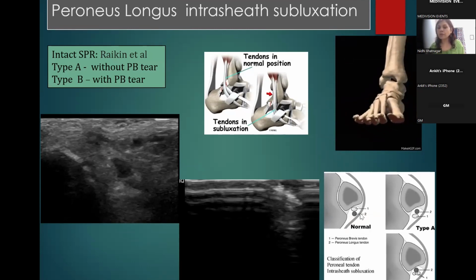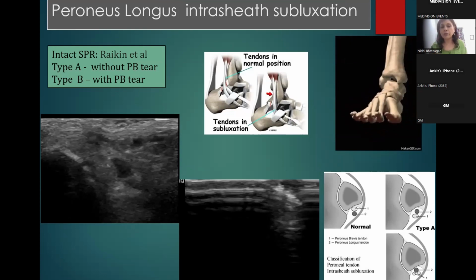The peroneus longus tendon is actually invaginating between the cortex of the fibula and peroneus brevis, the intrasheath type 1 subluxation of peroneus longus. So what happens is that peroneus longus actually lies between the hemitendons of peroneus brevis to come closer to the cortex of the fibular styloid.